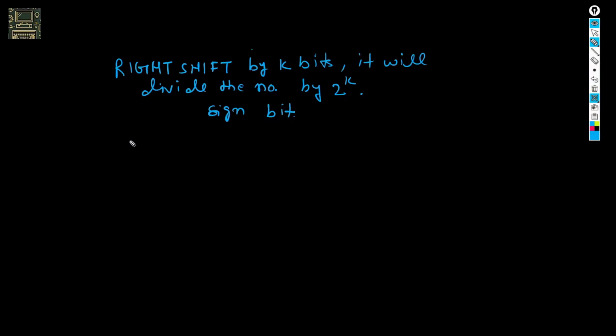Let us see an example. If I have plus 7, the representation of plus 7 is 0111, and if I shift it right, this bit will be discarded, the other bits will move one place to the right, and this is the vacant position.